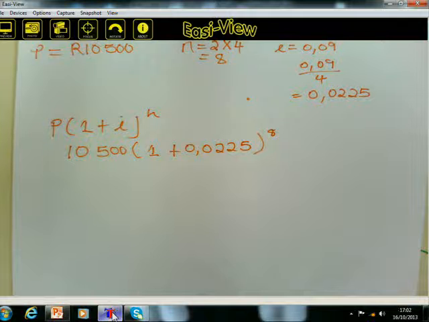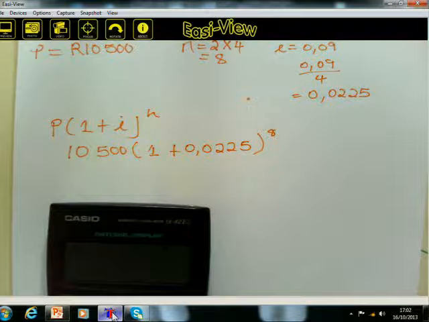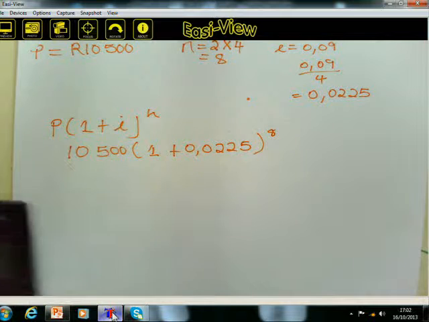Let's see how much we're going to get there. 10,500 bracket 1 plus 0,0225. You close your bracket to the power of 8. 12,545,72699. So to 2 decimal places is going to be 12,545 rand 73 cents.